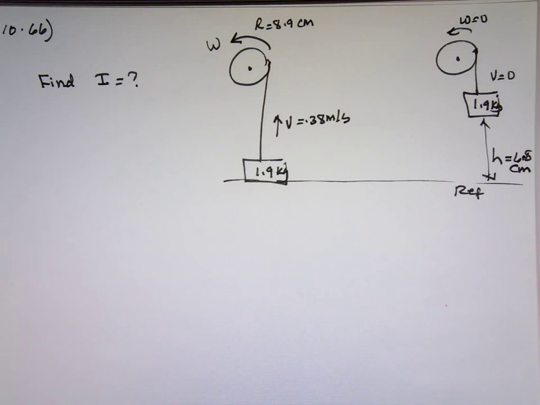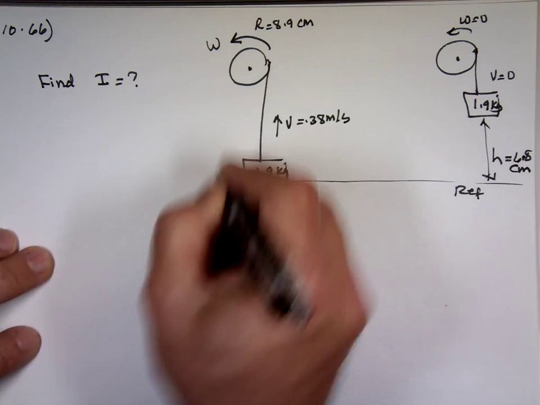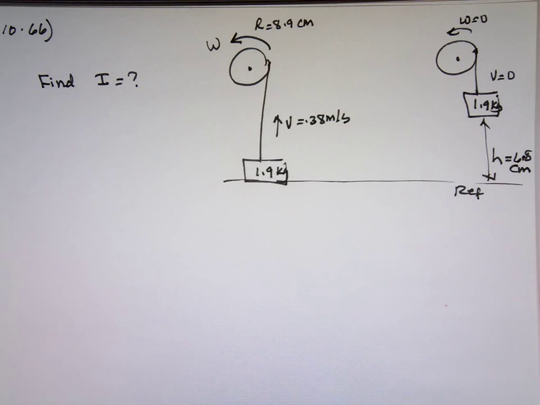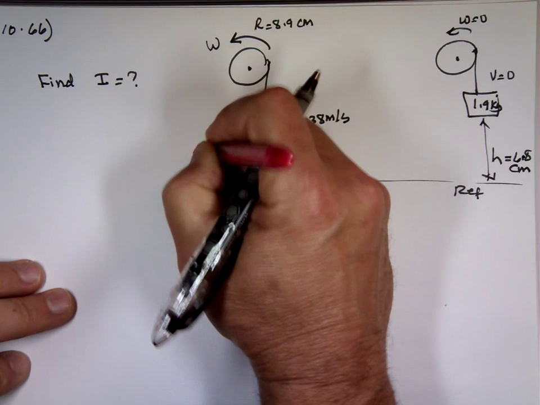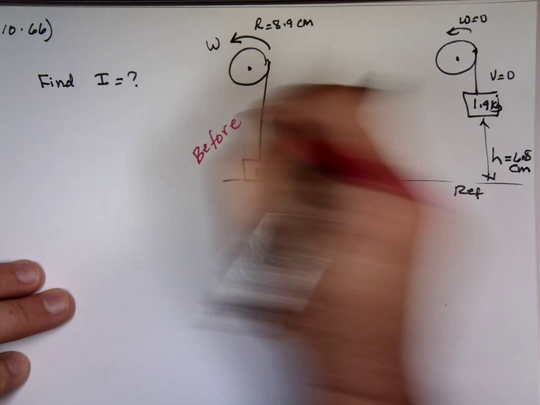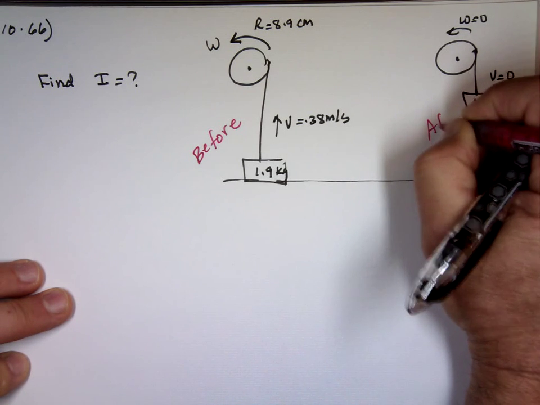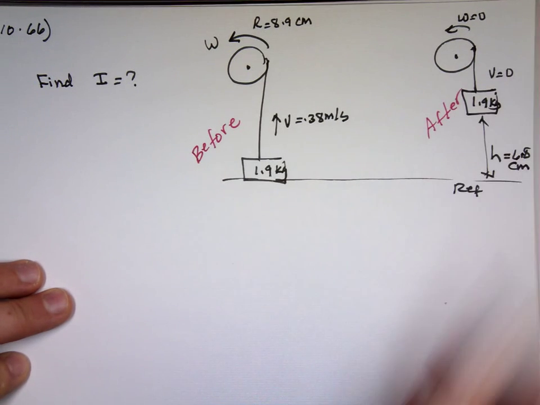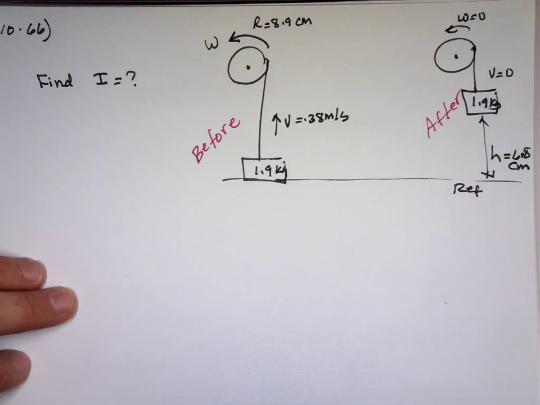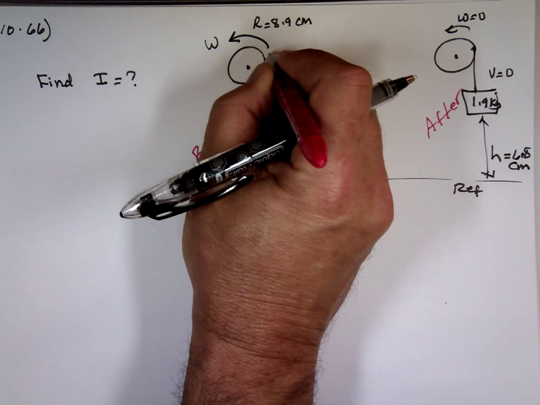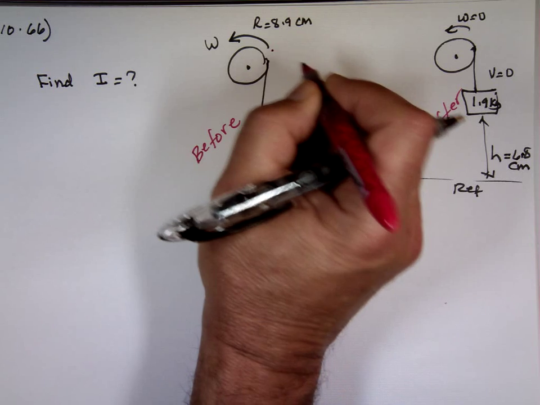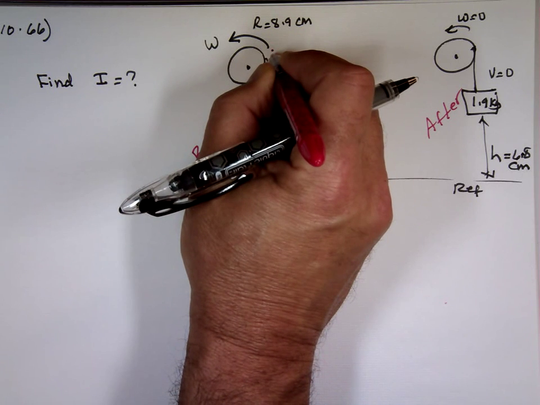This system here is the before. And this is the after. Let's call this the mass of the pulley. And what should we call this?